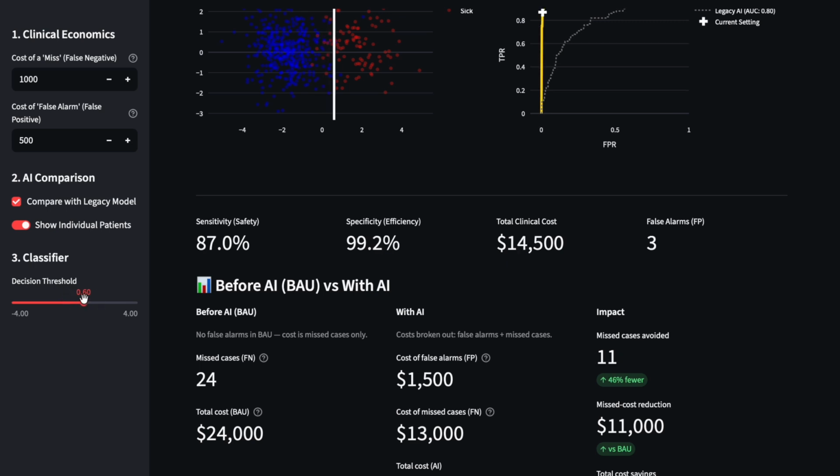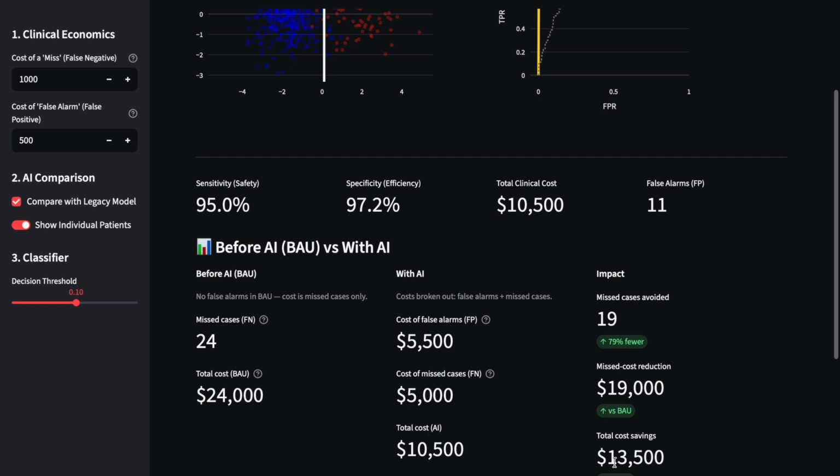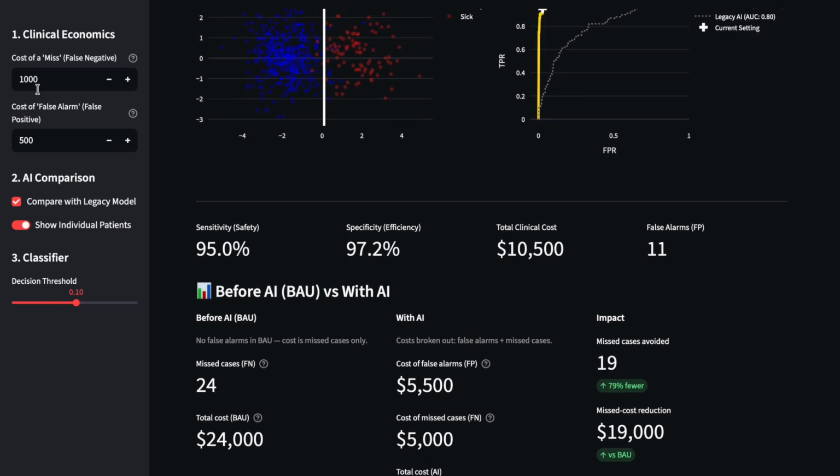We can change the threshold to change the amount of false alarms or missed cases, and we see that we need to choose 1305. So yes, that was the best case. We changed the threshold a little bit, and this is the best case for us.